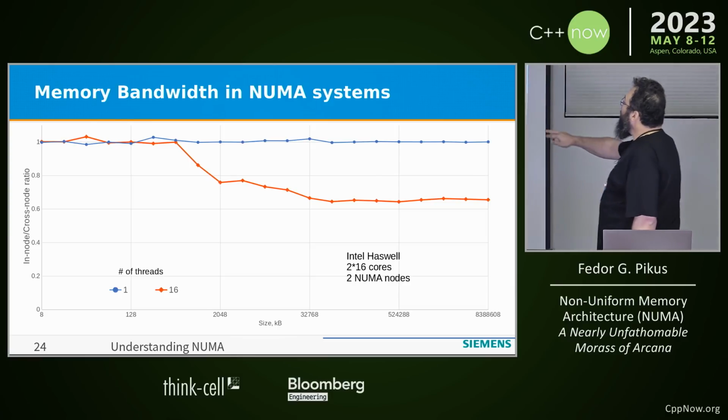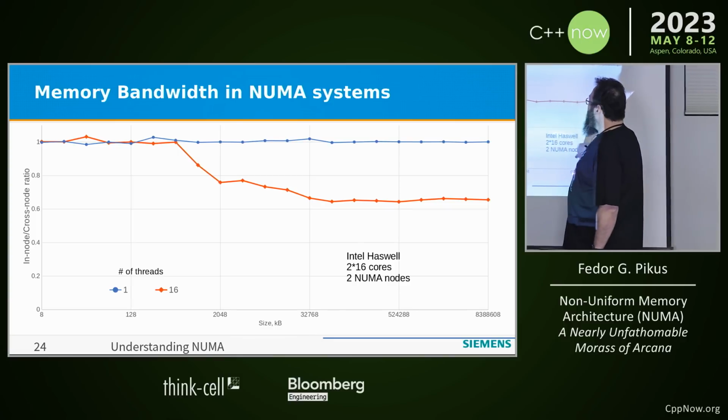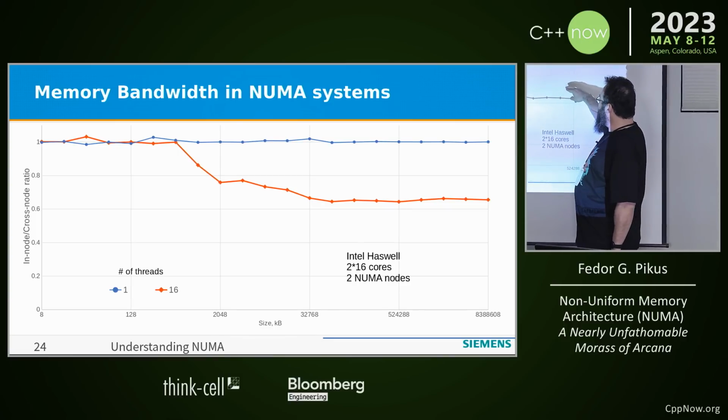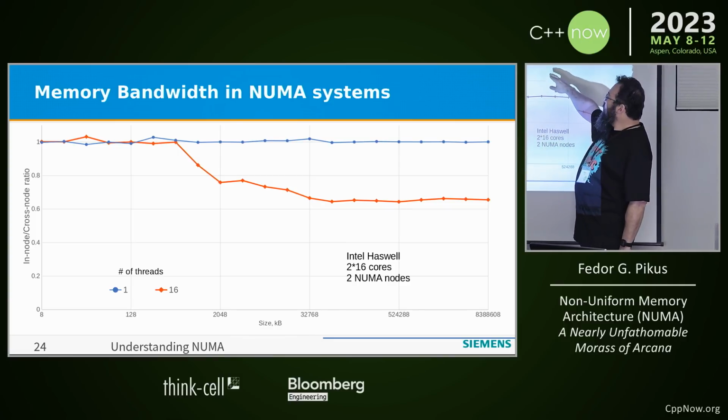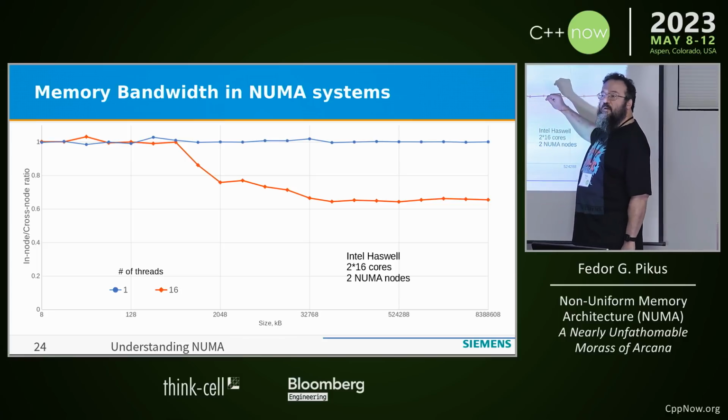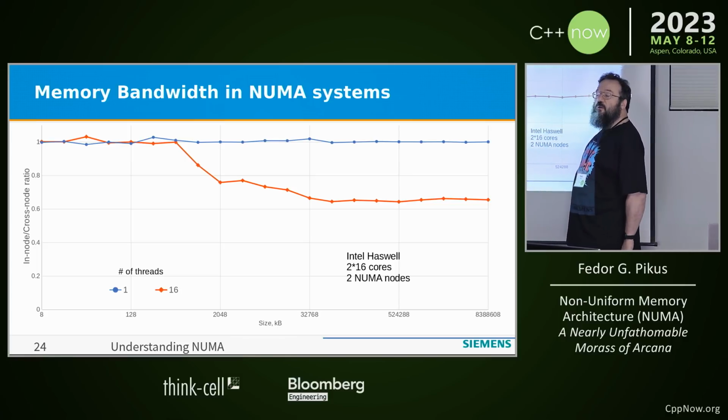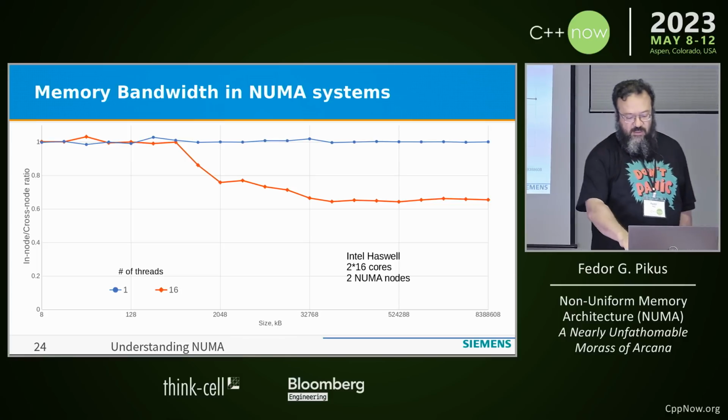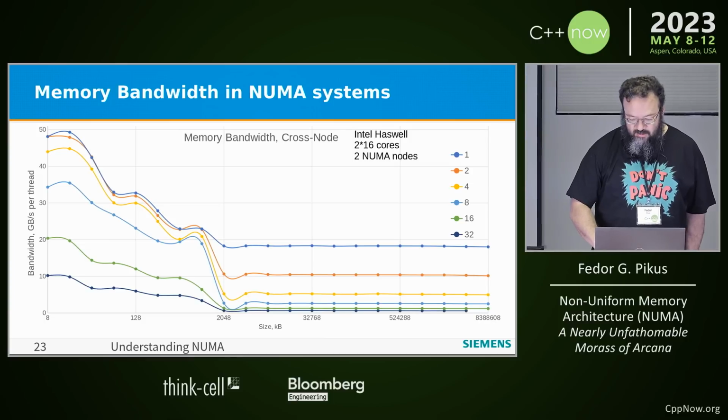Well, this is basically what it looks like. Cross-node memory bandwidths for that particular system. Yes? I have a question on the previous slide. Is there a reason why 32 threads doesn't have the last data point?